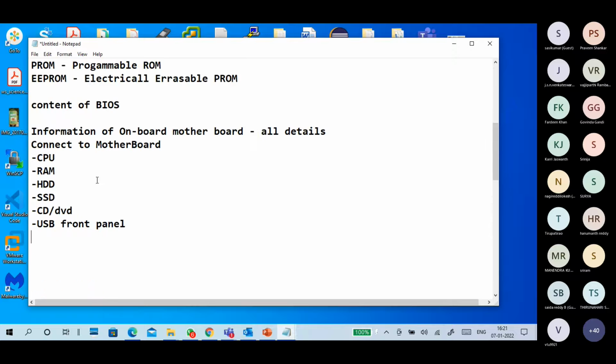Okay, front panel connectors, like you are connecting hard disk, CD-ROM, CPU like this, right? So whenever you connect these devices and power on the system, you are connecting to the motherboard. When you connect these devices and power on the system, your BIOS chip gathers the information of the devices.